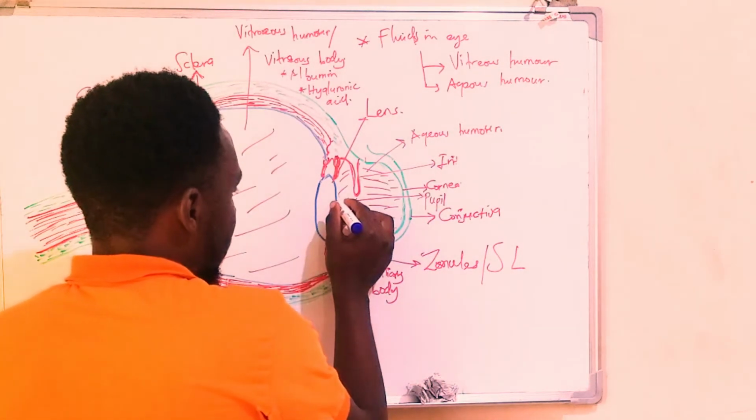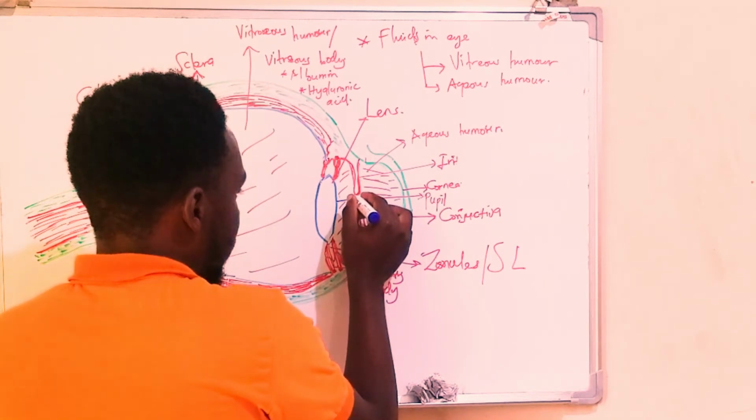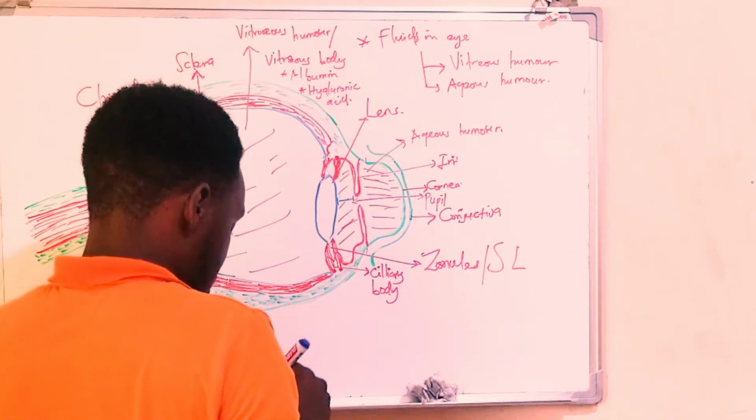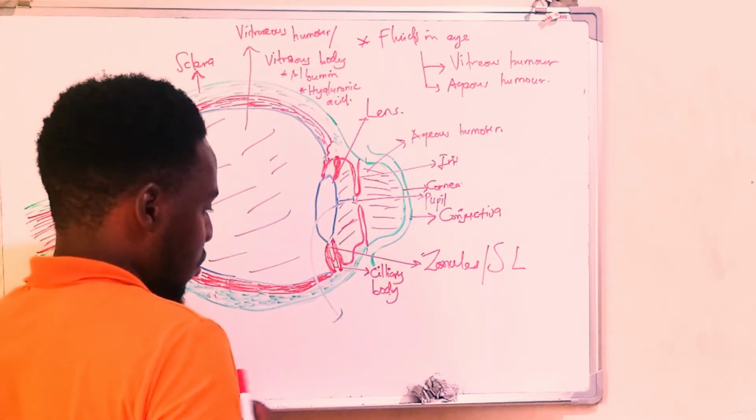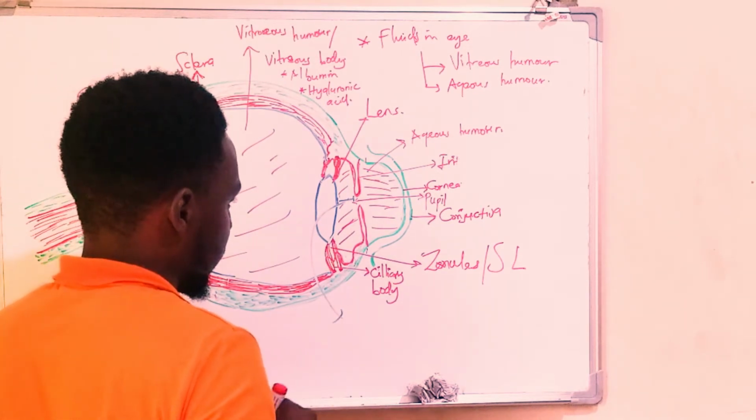From the lens to the iris, this part here is known as the posterior compartment.